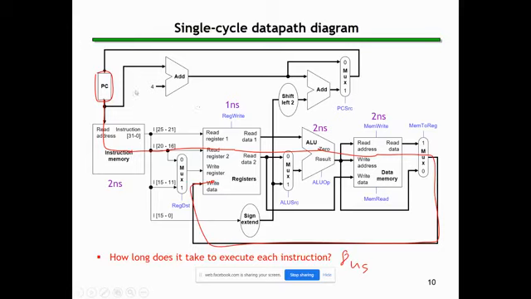We have the PC, program counter, then muxes 0 to 1, and an adder, shift. The instruction address is read. Instruction memory takes 2 nanoseconds.